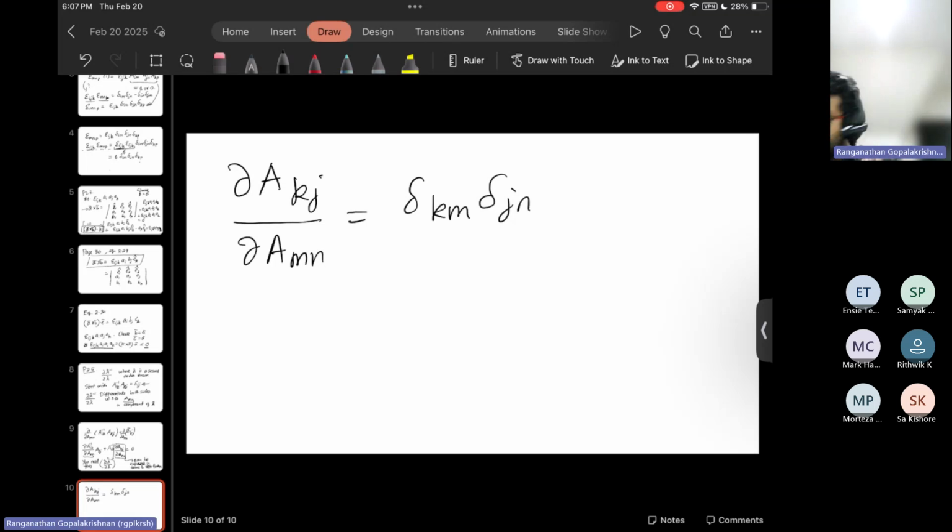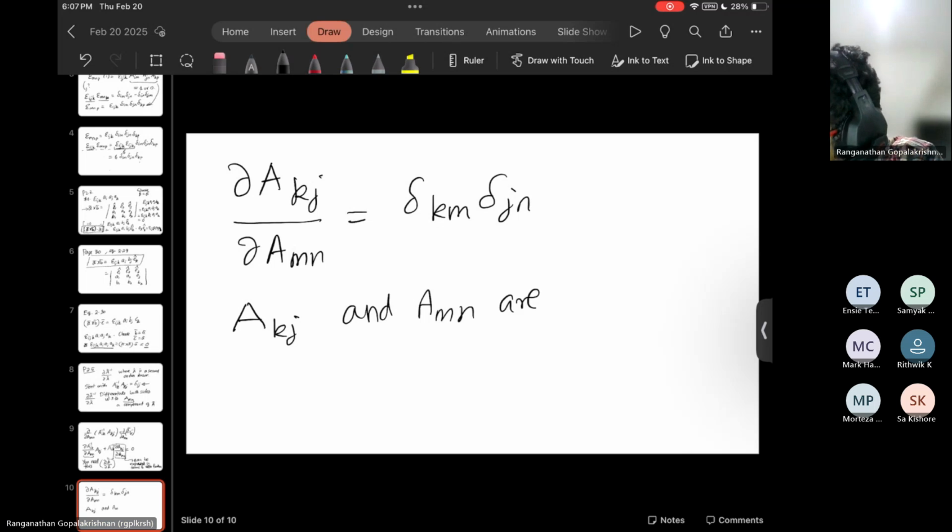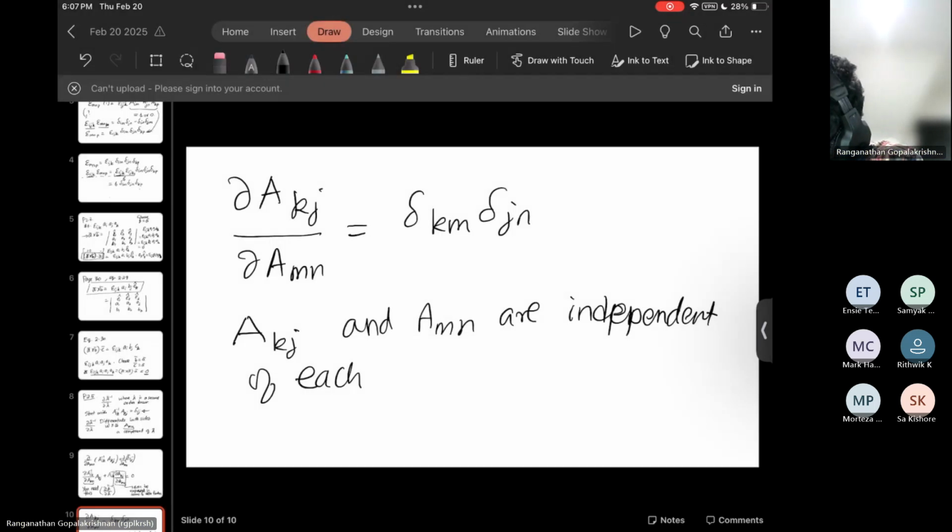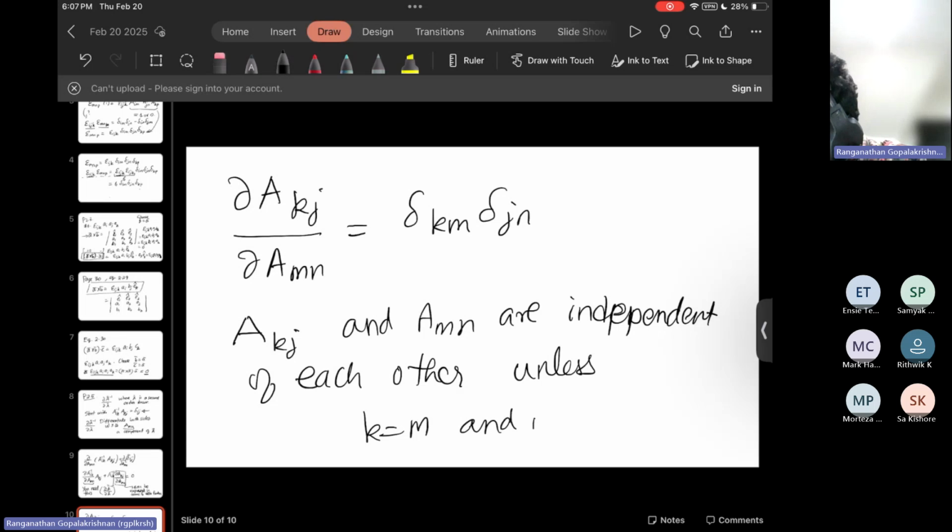Right? Because this quantity, it's not just about A_KJ and A_MN. They are independent of each other unless K is equal to M and J is equal to N. If they are independent, then their derivative with respect to each other must be 0 unless they are really the same quantity.